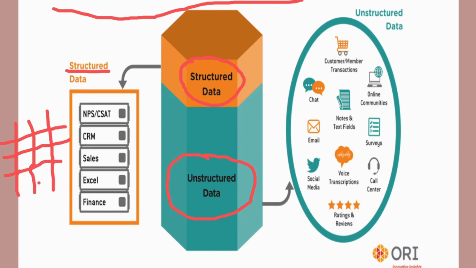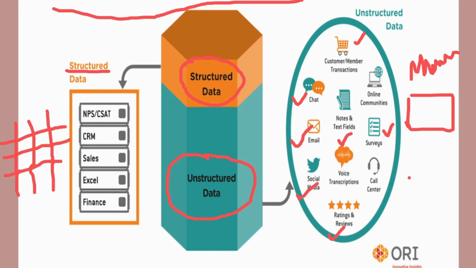So this is a structure. Whereas video files and images do not have a tabular structure. These are raw data. Whether it be surveys, transaction data, chat, email, tweets, ratings, audio, or video, all these things do not have a tabular structure.